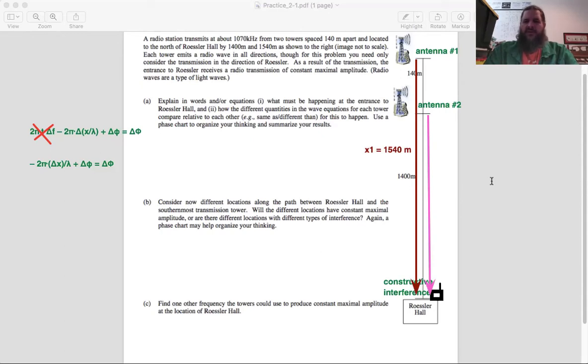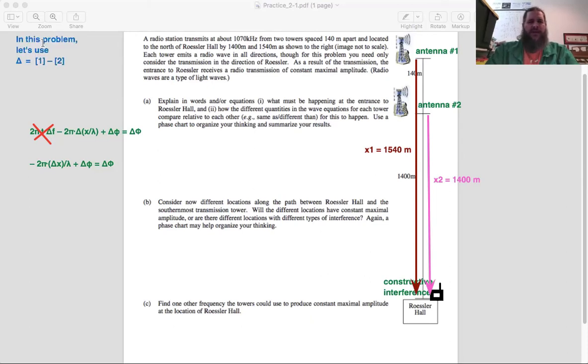And then we want to choose which order we're subtracting because we want to make sure we're consistent about the order of subtraction. Do you want to subtract 1 minus 2 or 2 minus 1 here? One minus 2. Sure. So delta equals value 1 minus value 2.